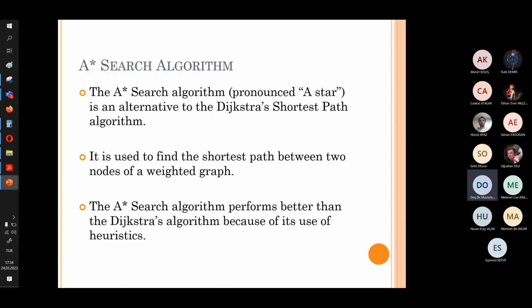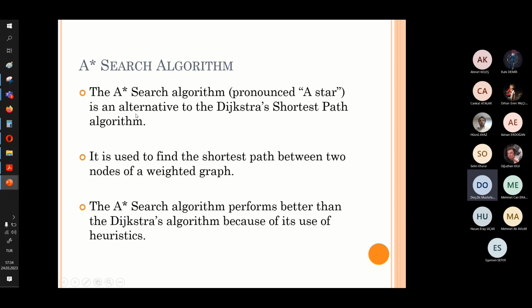You may think that Dijkstra is capable of calculating every possible distance from the source, and in the meantime, A-star is only concerned with the target node.